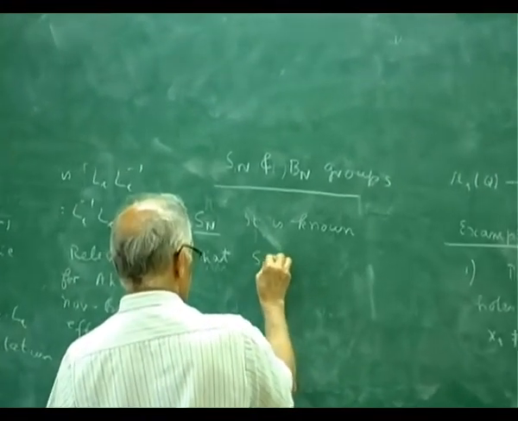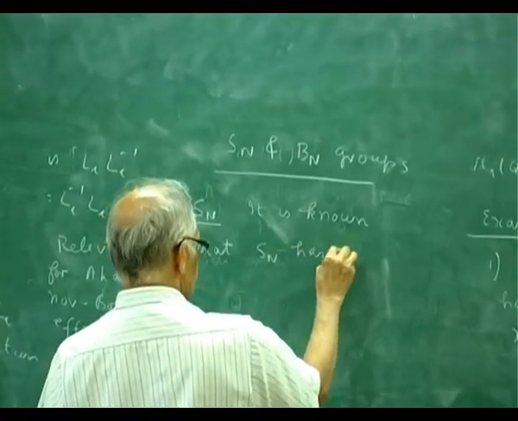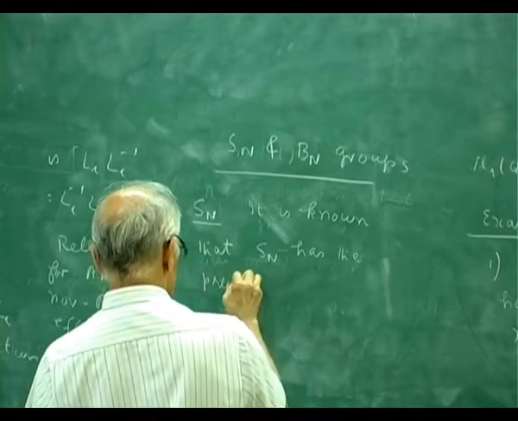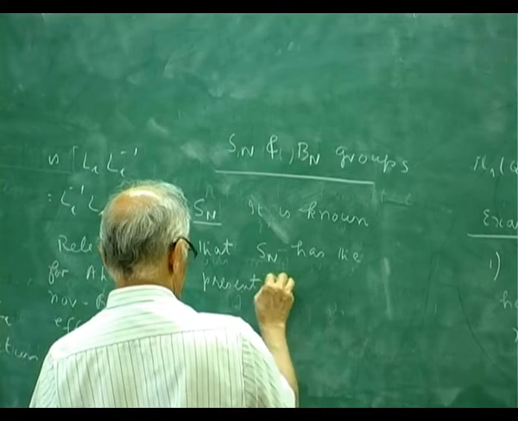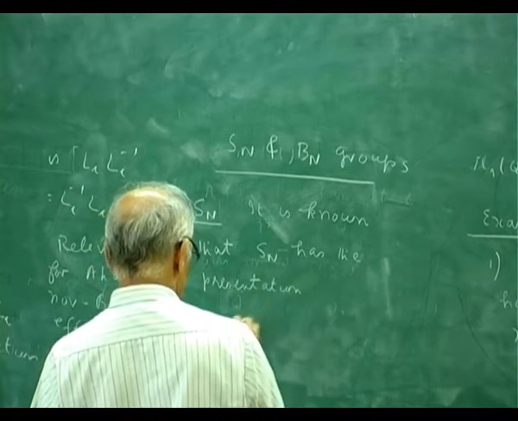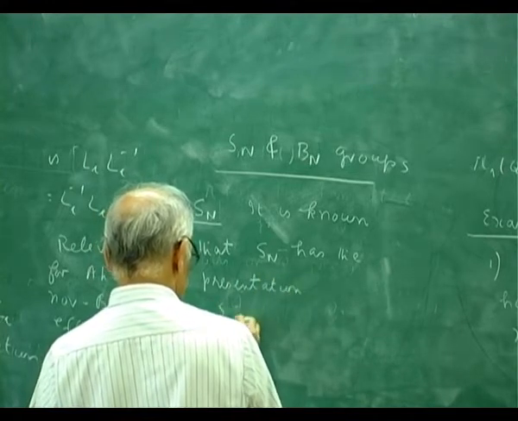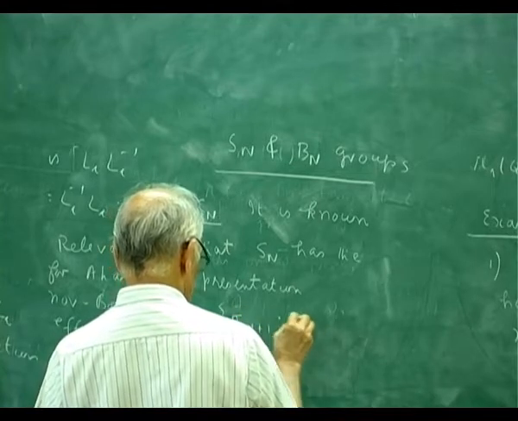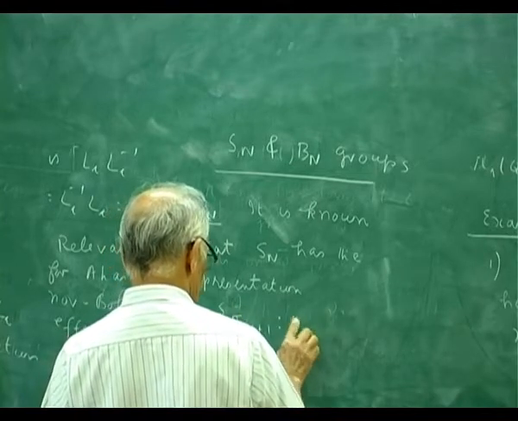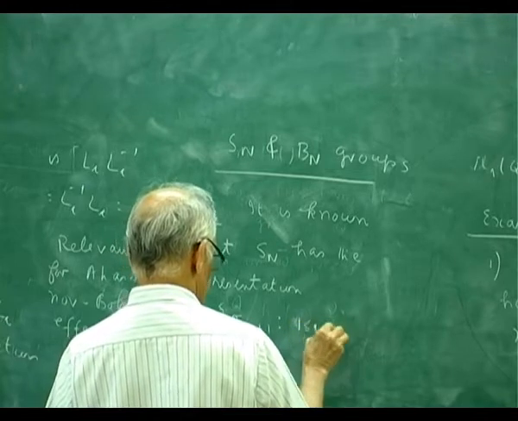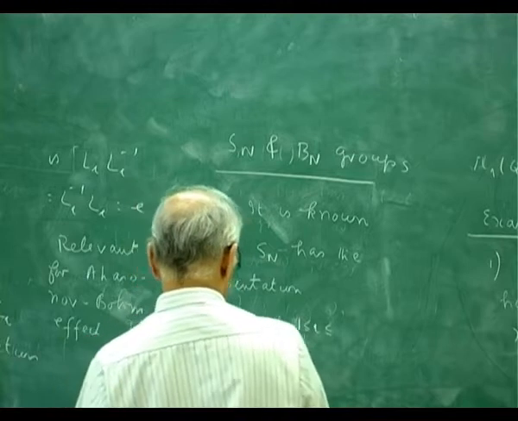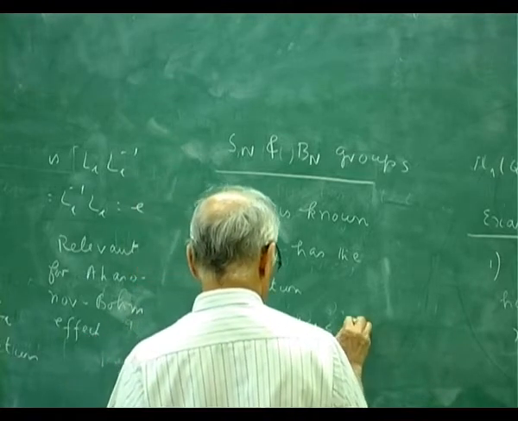Sn has a presentation. I'll tell you what I mean by presentation. Normally they write sigma i, i going from 1 up to n minus 1.